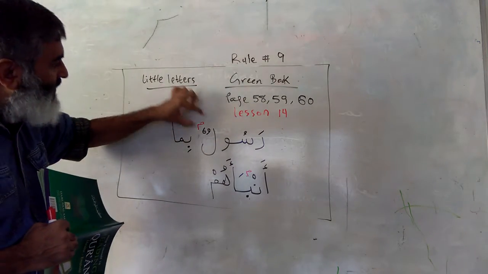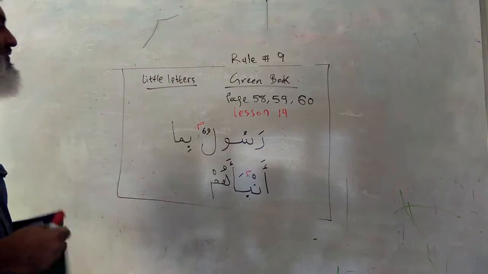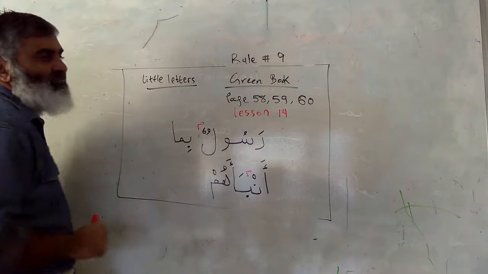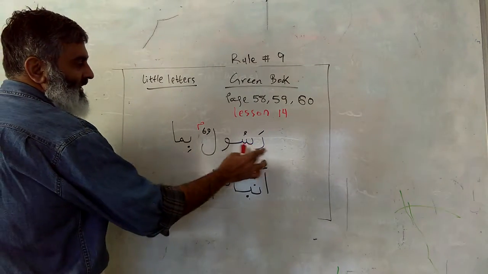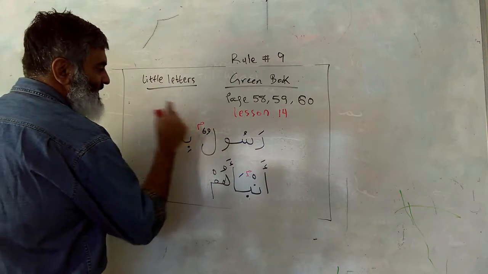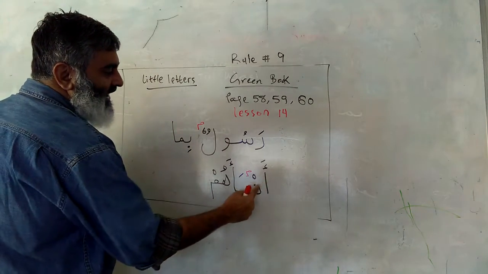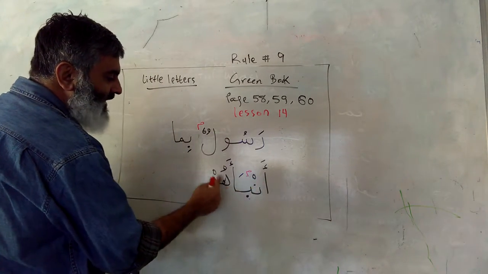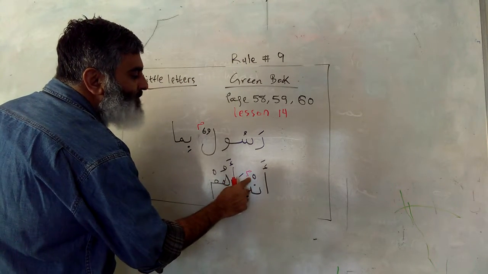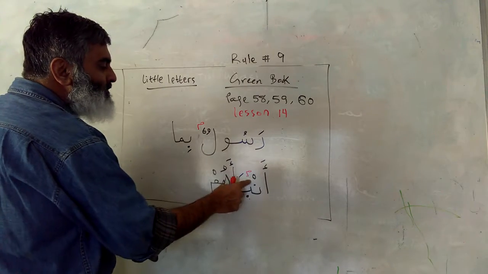In Quran, you will always see this meme. And as soon as you see this meme, you should know that the noon sound should be changed to meme sound. So this becomes Rasulum bema. Quran helps you by putting the meme. This becomes, instead of an ba'ahum, it becomes meme sound.